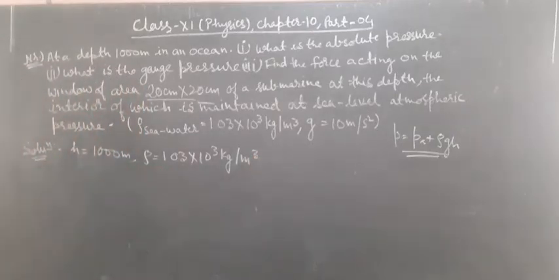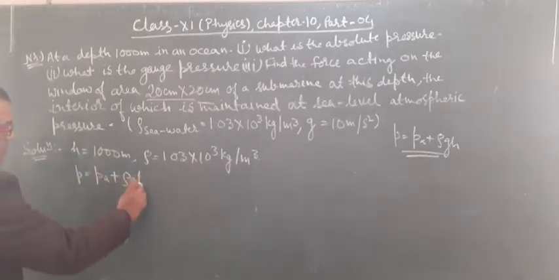Rho is given. Then applying the formula P is equal to Pa plus rho g h and putting the values.